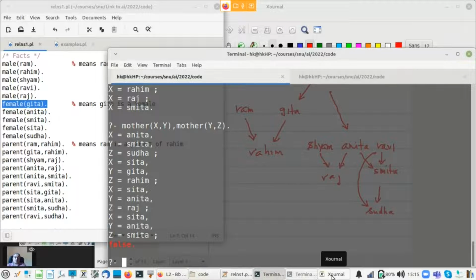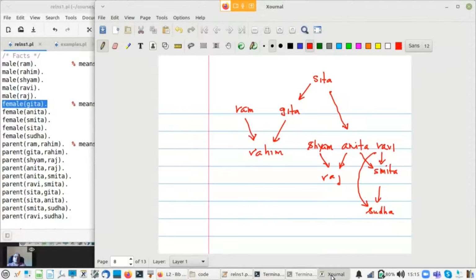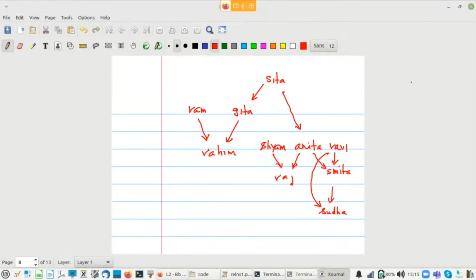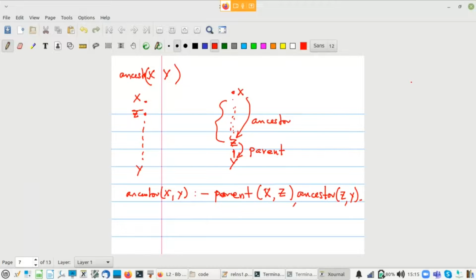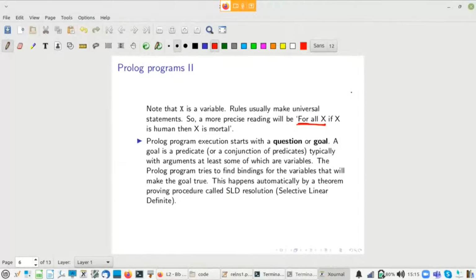Okay, so if that is clear, then let's go back to this. So we were looking at this earlier. We saw what programs are, right? We saw their facts and rules, and once you define the facts and rules, you have in some sense modeled the domain, and you can model complex domains.